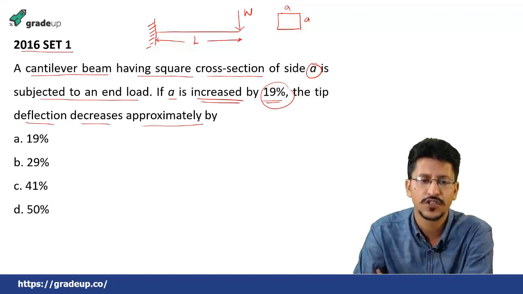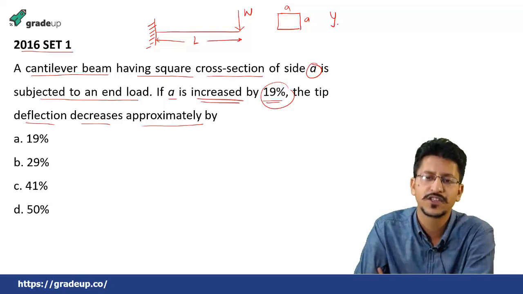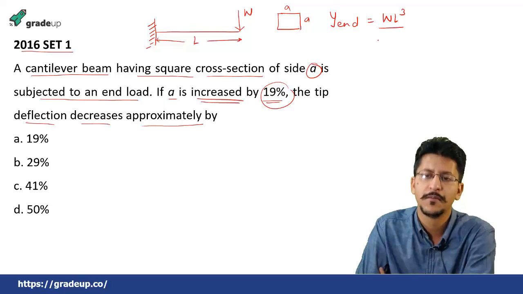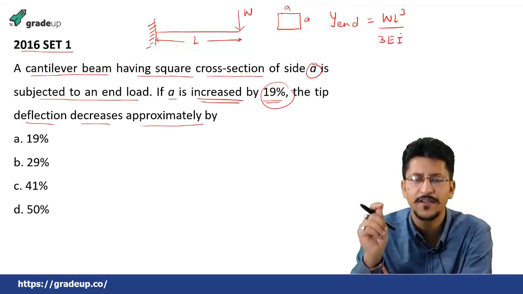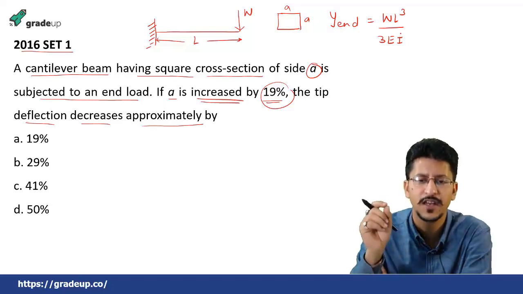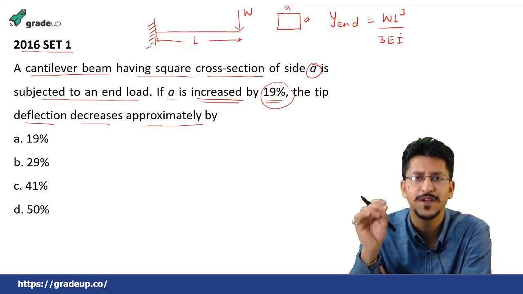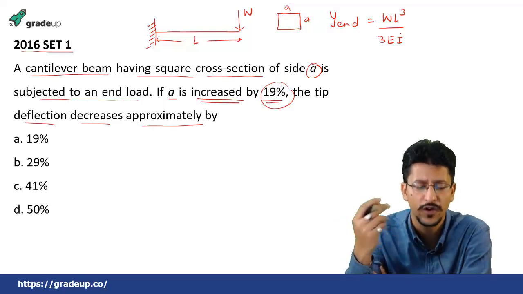That is the question. So for a cantilever beam subjected to a point load at the free end, the deflection at the end is given by, you know, simply WL cube by 3EI. Now you might be understanding that when I was teaching the topic of slope and deflection, I was constantly telling you to remember these simple expressions for cantilever beams and simply supported beams under point load, UDL, UVL.